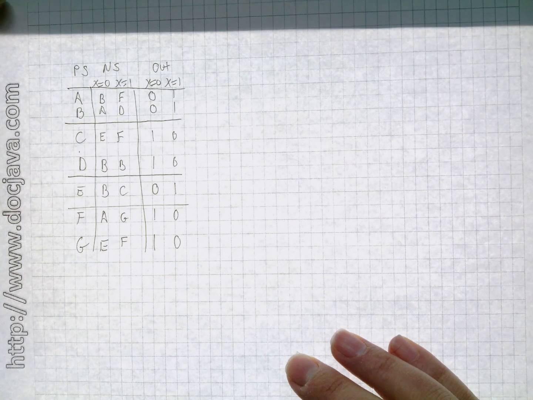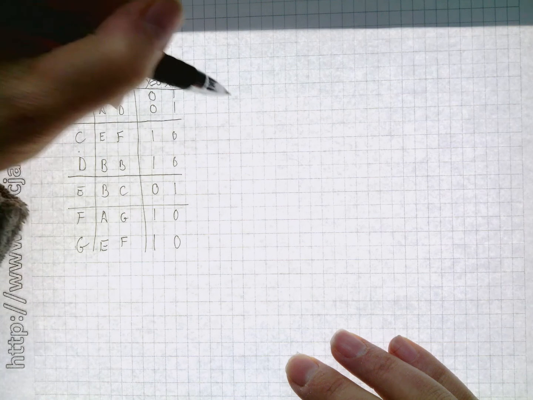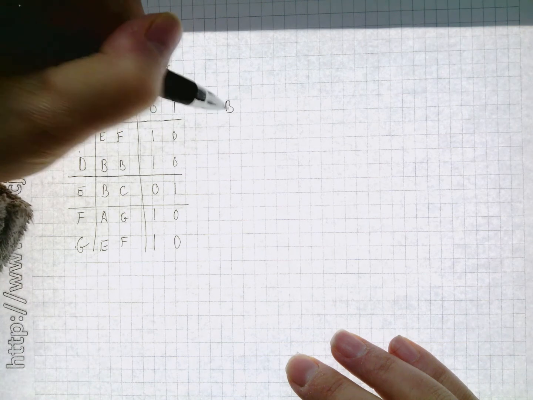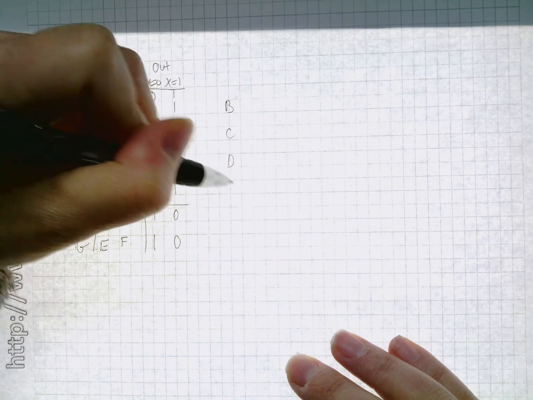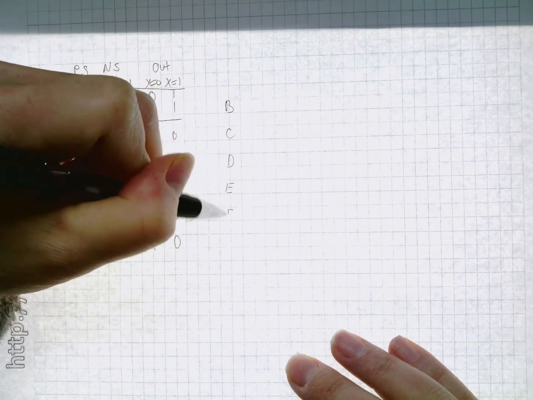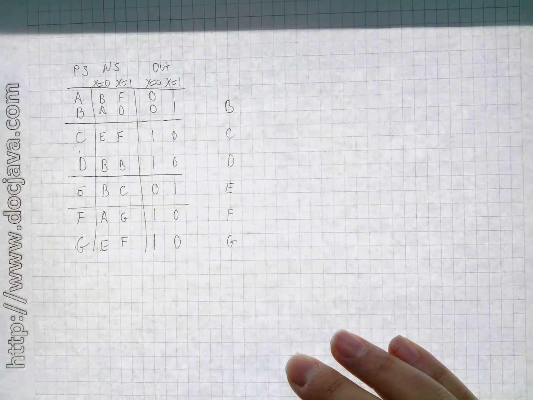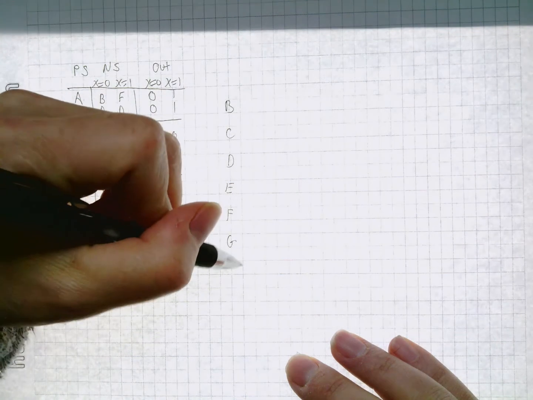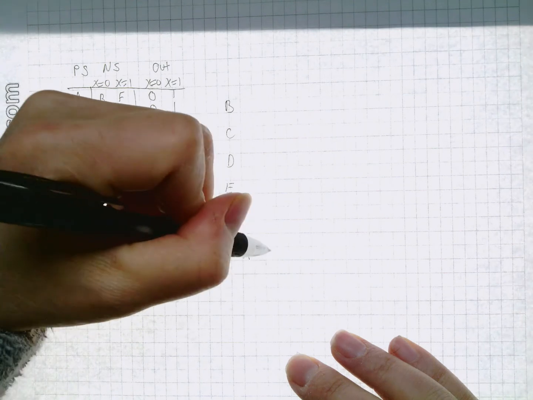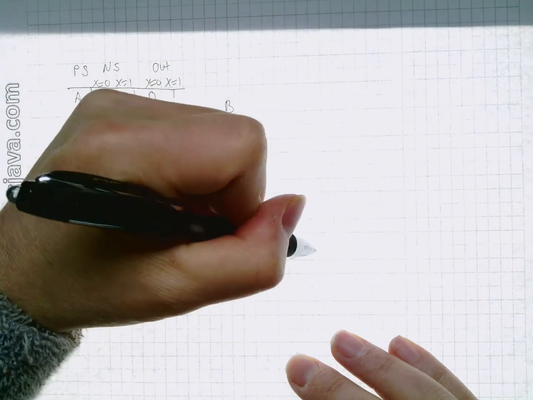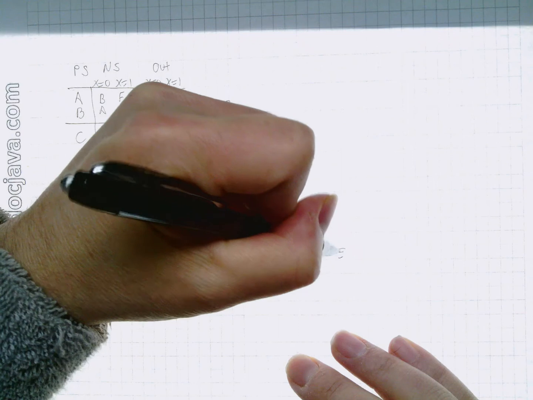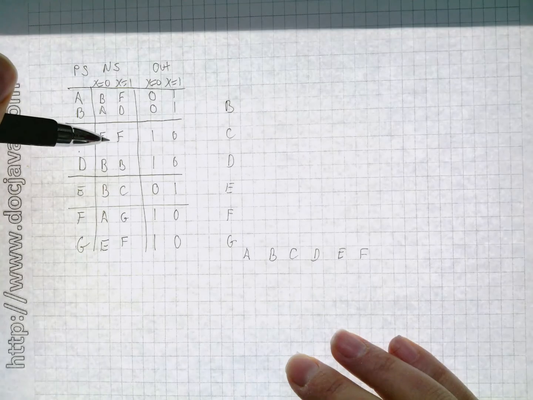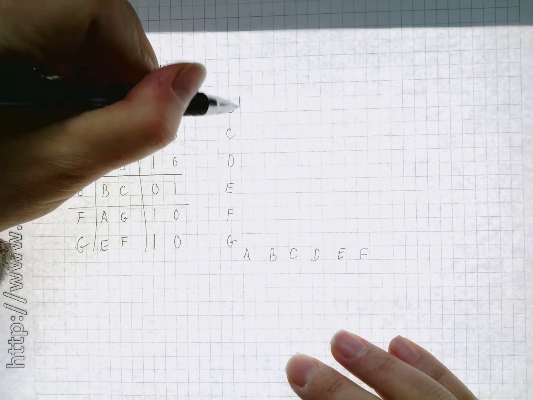So now what I'd like to do is come up with an implication chart. I start at B and work my way down to G. And then I'll start at A and work my way up to F. Now I'll make a lower triangular matrix.